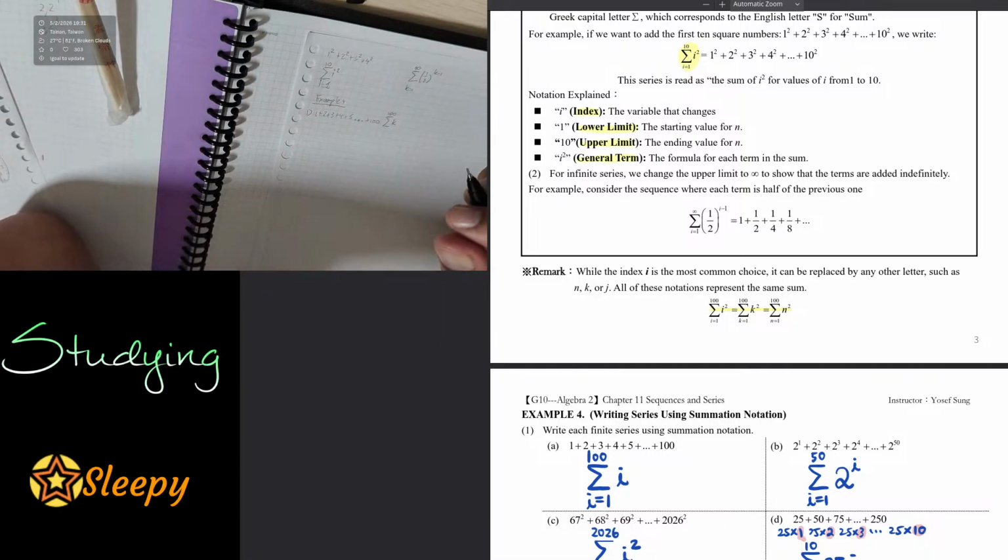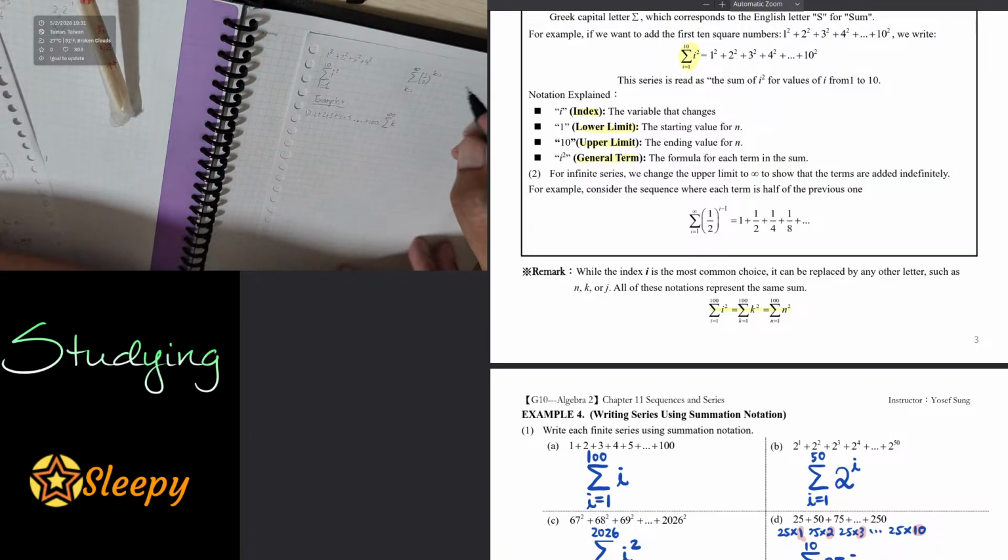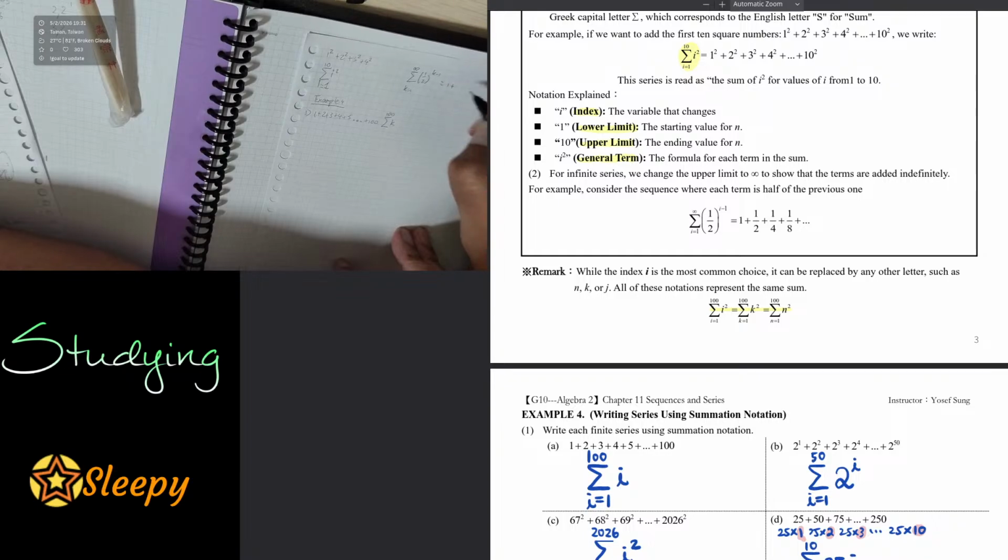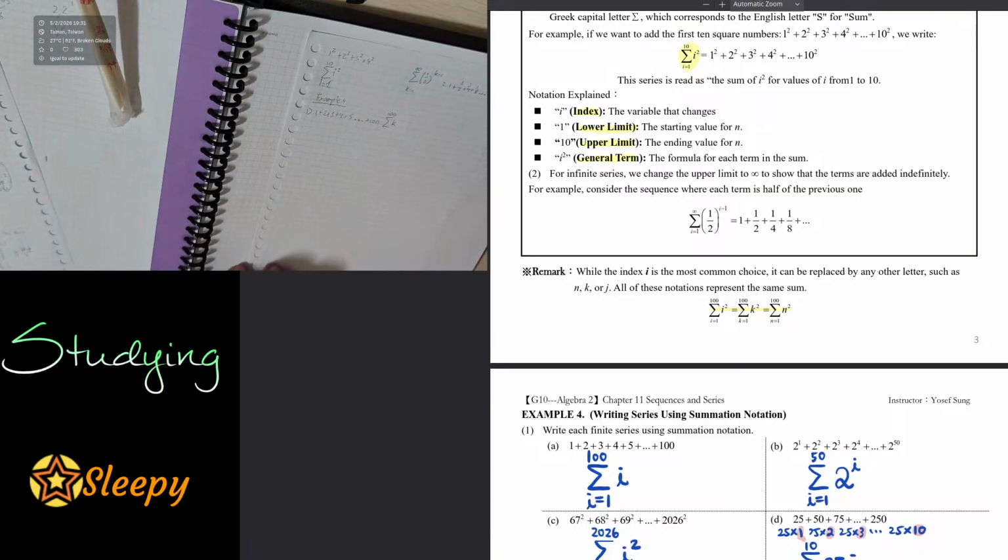So 1 minus 1 is 0. Well, 1 half to the power of 0 indeed is 1. And then 1, then 2 is a half. Right, so this is 1 plus a half plus a quarter, plus 1/8. So up to infinity. Okay, you got that.